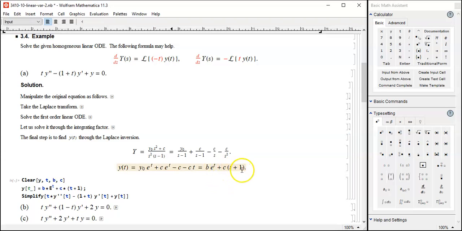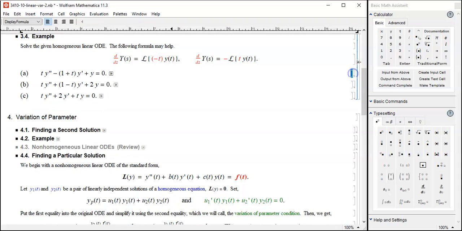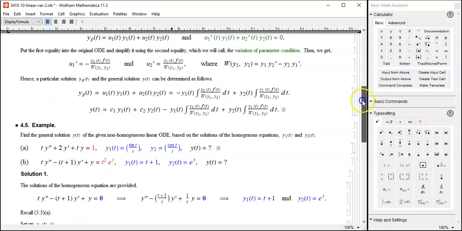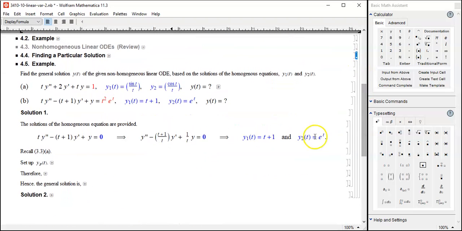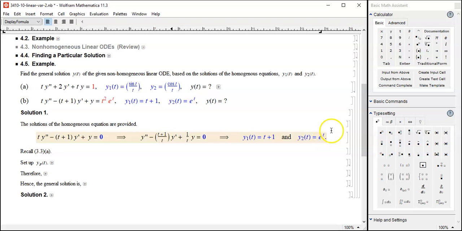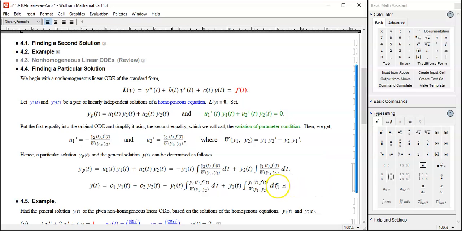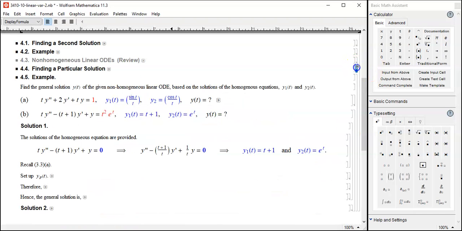Yes, e to the t power, t plus 1. Okay, those are two linearly independent solutions, y1 and y2. And then we are looking for the particular solution, using the particular solution formula. Find it and then add them up, then you get the general solution.